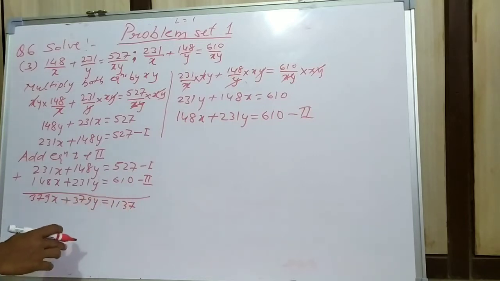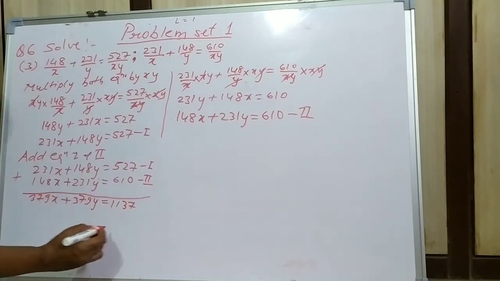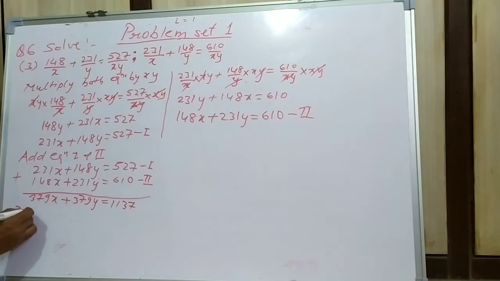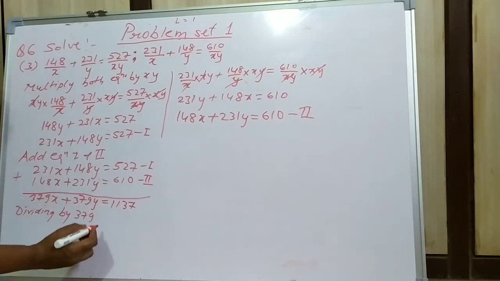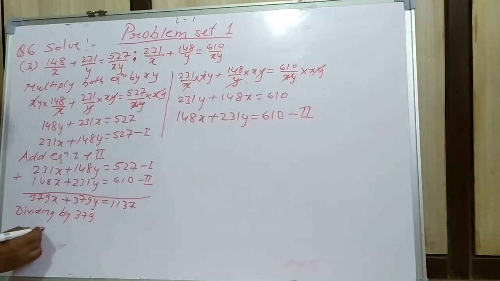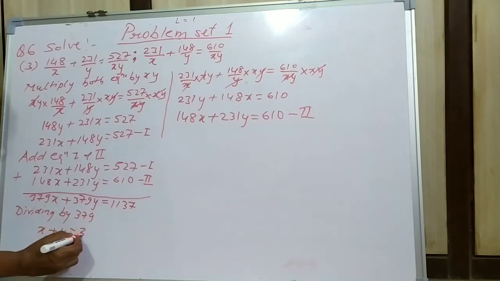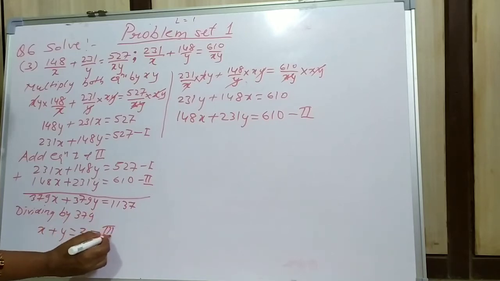Now again, to bring it to the simplest form, divide the whole equation by 379. We get x plus y is equal to 1137 divided by 379, we get 3, as it is cancelling. So this is equation number 3.